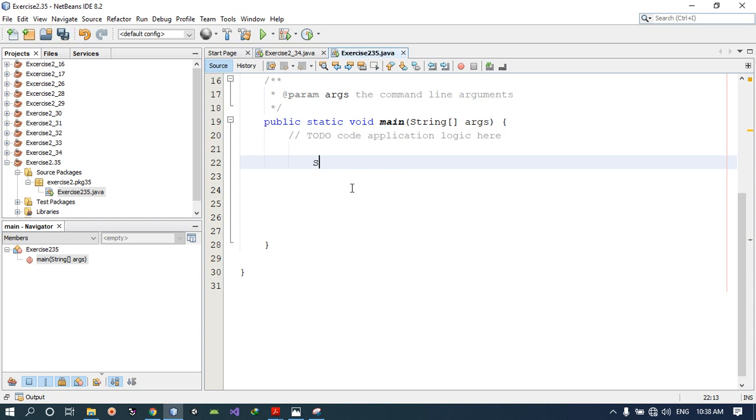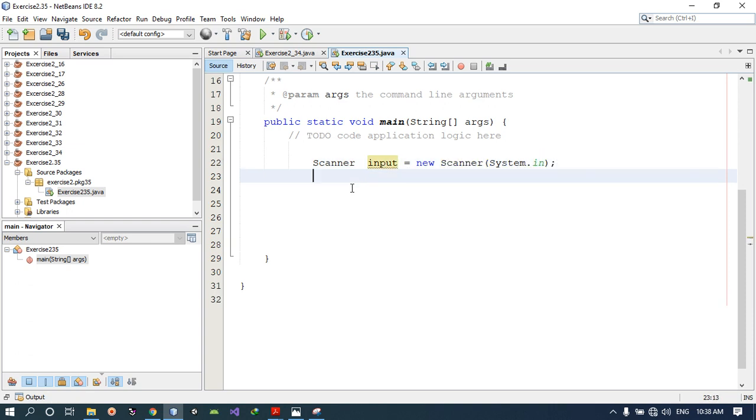First of all, we need the Scanner class. Now we should get the inputs.